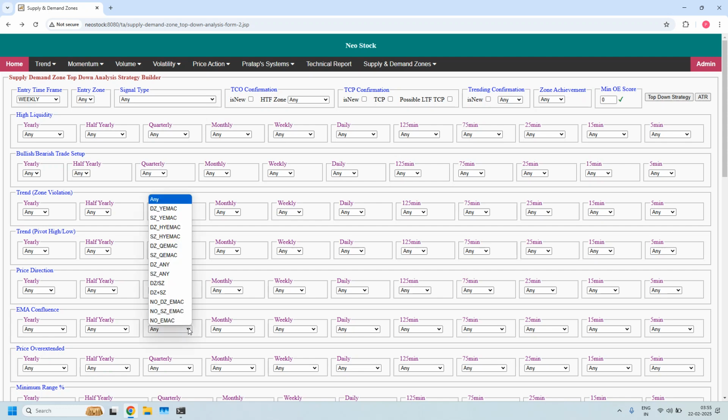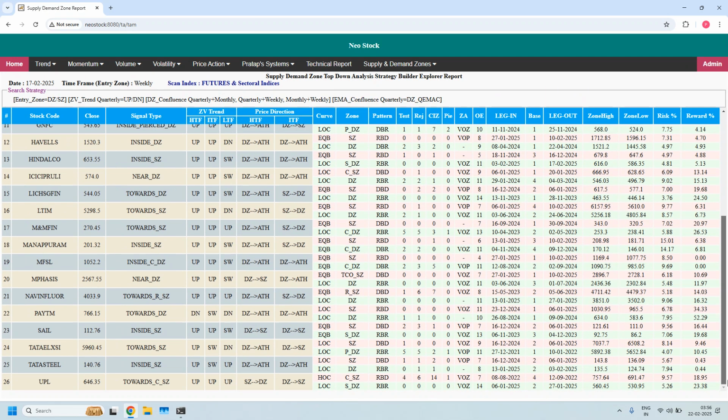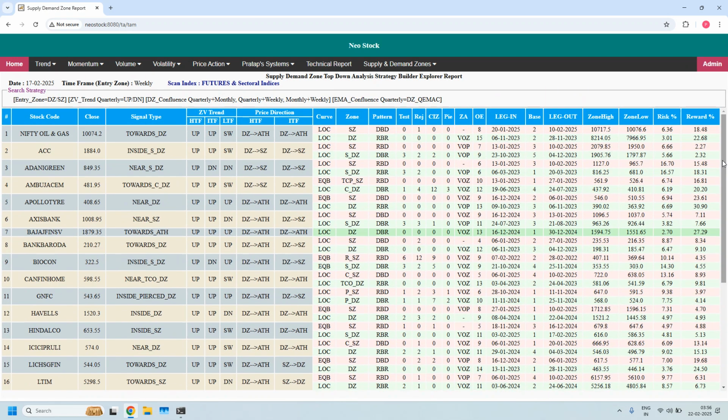So what is the filter? Quarterly demand zone having quarterly EMA confluence. Definitely trend on quarterly should not be sideways. That's why I am selecting up or down. With these filters, now the list has come down to 26 stocks. First 16 stocks in the list.